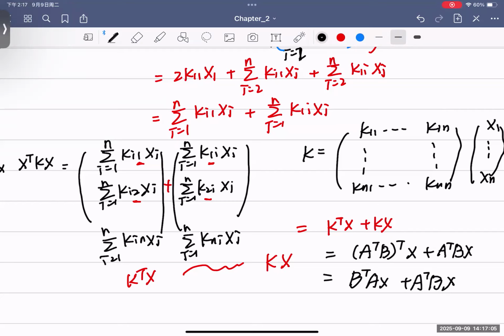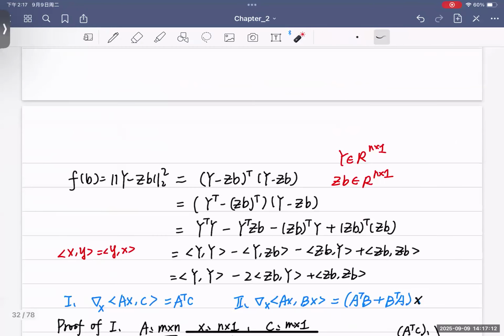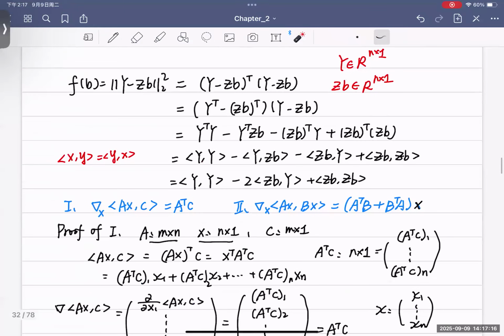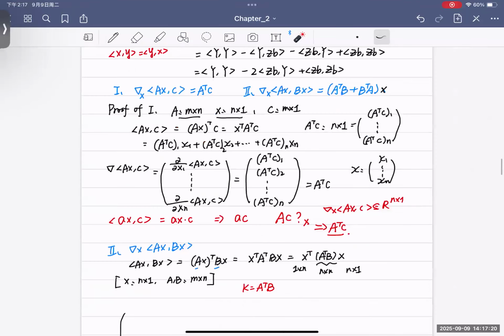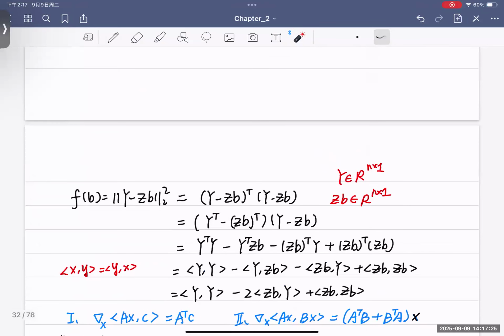Okay, so we have just finished this part. And then we can just go back to our earlier statement, which is pointed out here. Now we just want to do the nabla for this FB.